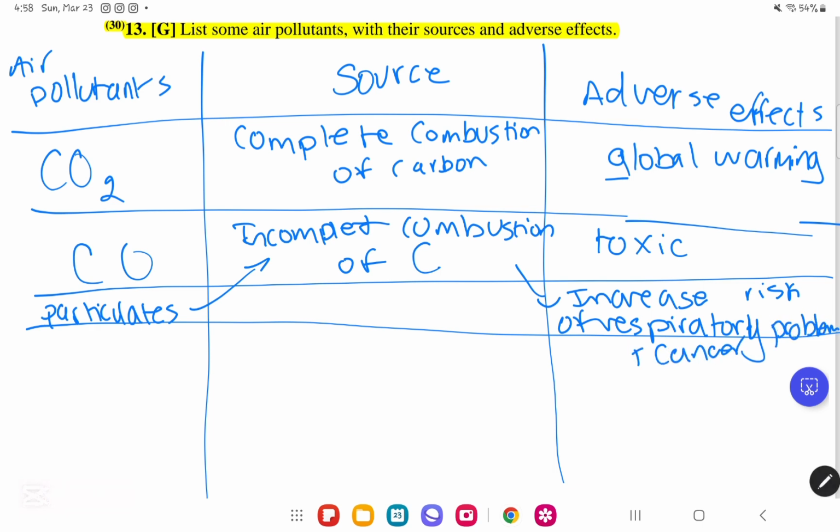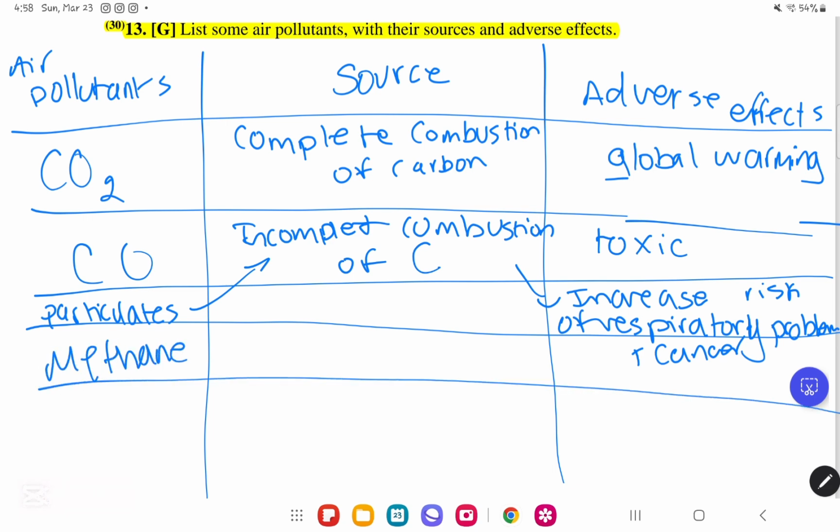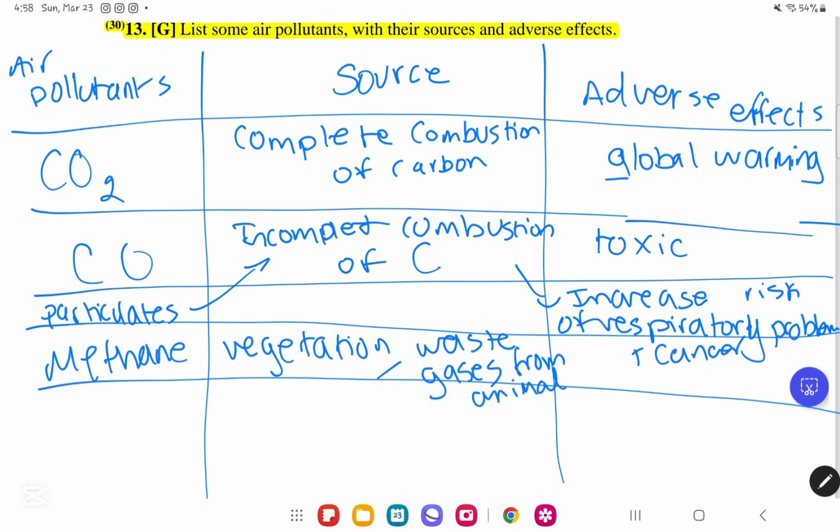Okay, then of course we have methane. Methane is produced by the decomposition of vegetation. So I'm just gonna write vegetation. You will know that it's decomposition, and waste gases from animals. And its effects are that it also leads to global warming.